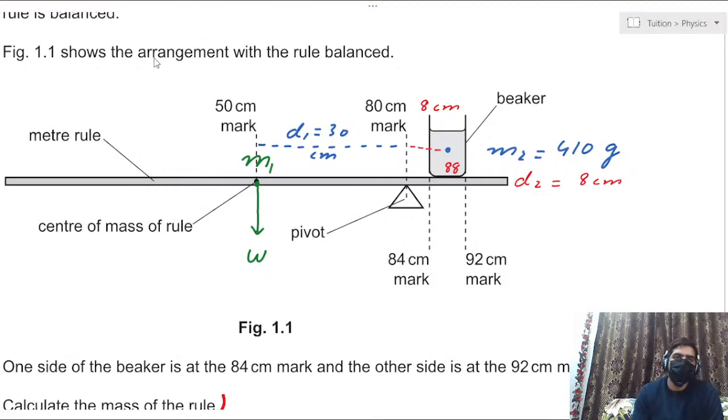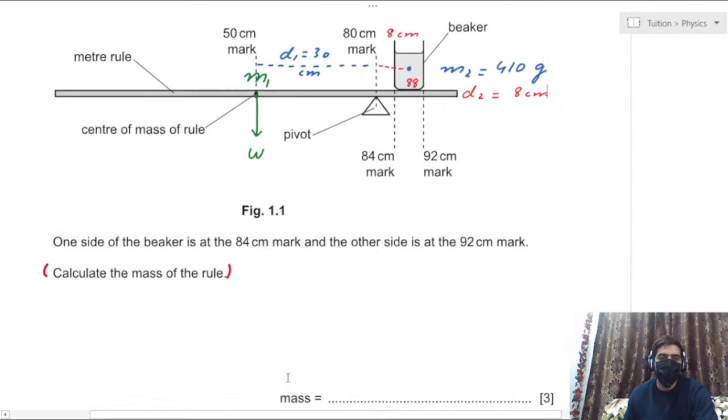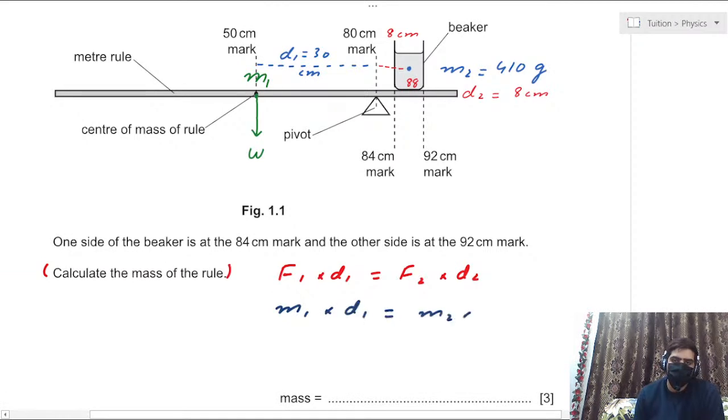All right, now we'll be applying the formula because we need to find mass m1. The standard formula is basically F1 into D1. The principle of moment says F1 into D1 equals F2 times D2. But if the mass is given, you can straight away write in terms of mass as well, like M1 times D1 equals M2 times D2.